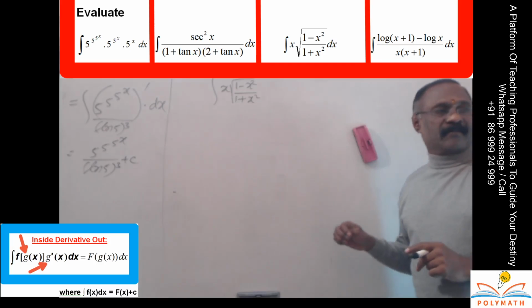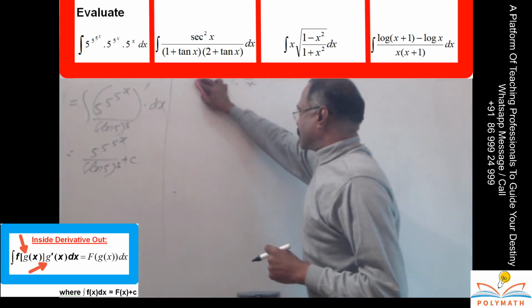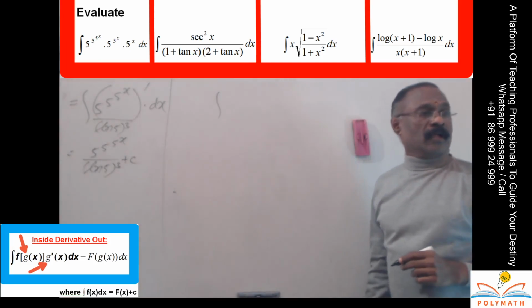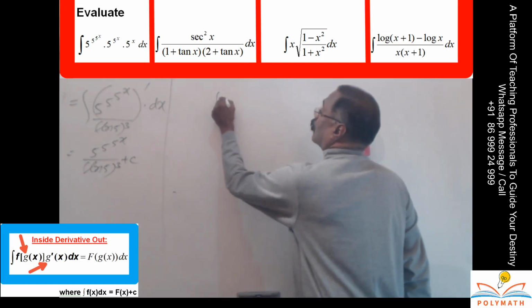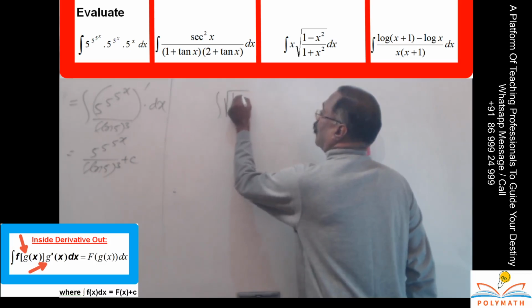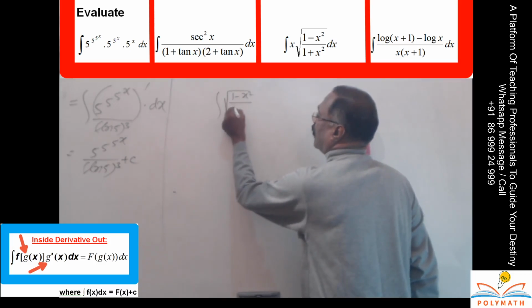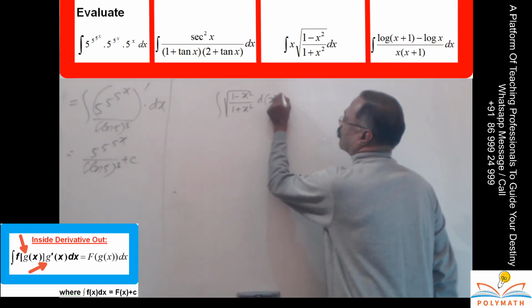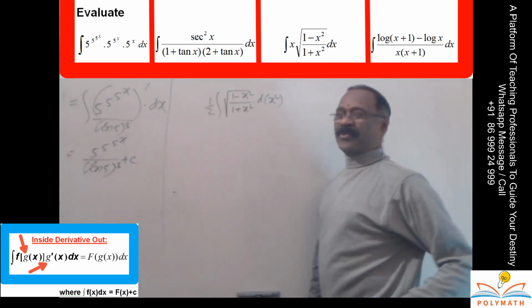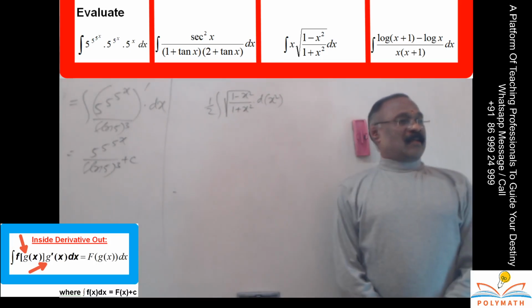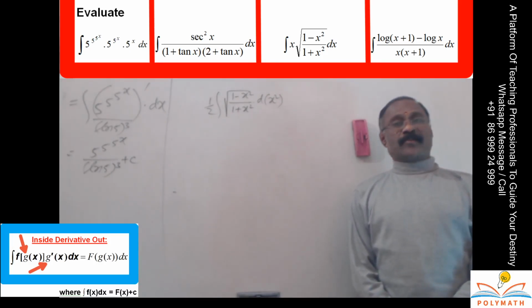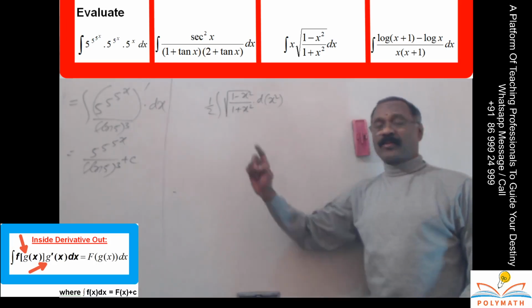Now I'm adjusting it. This is the integral of root over 1 minus x square divided by 1 plus x square into the derivative of x square, and I write 1 by 2 outside. See the adjustment there. The derivative of x square is 2x, so I have written 1 by 2 outside.